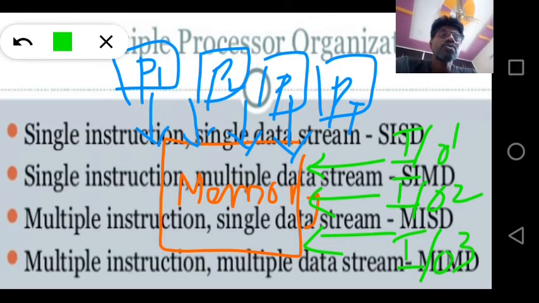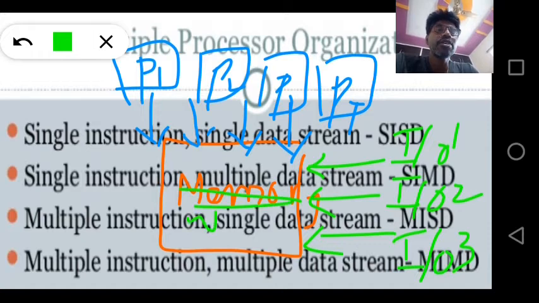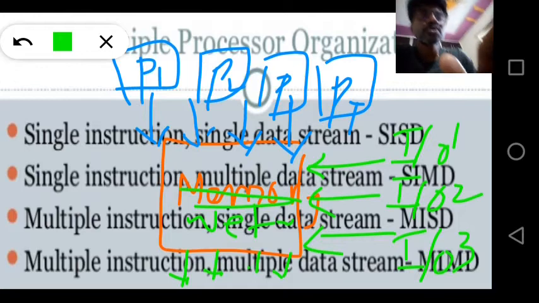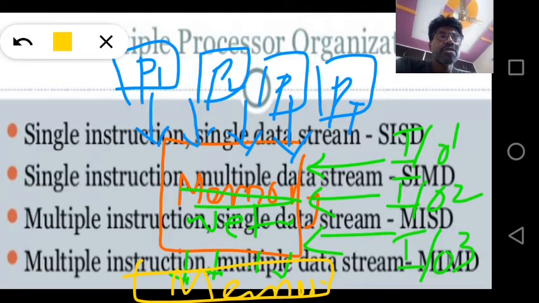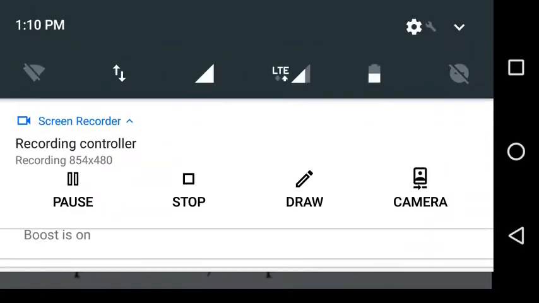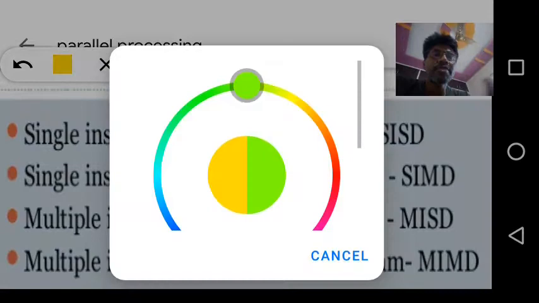So there exists a network which is connected to memory. So this is an idea. Let me redraw the picture to have a better understanding.